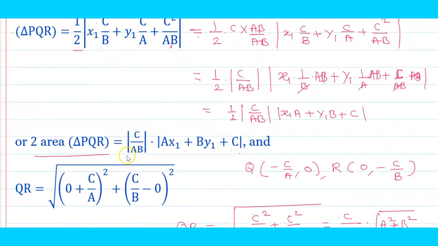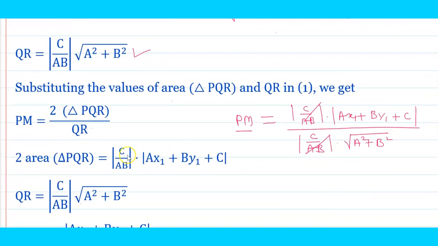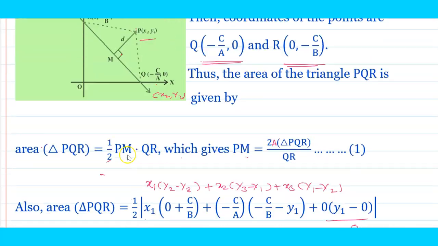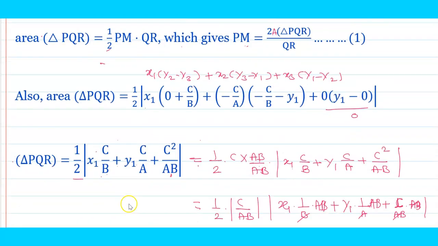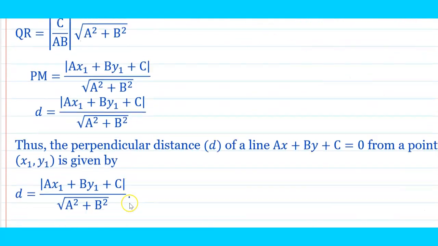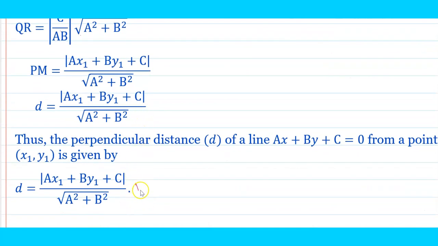Okay. This is the final distance of a point from a line. You have to remember only the formula, okay, and not this big derivation. This formula is an important one.